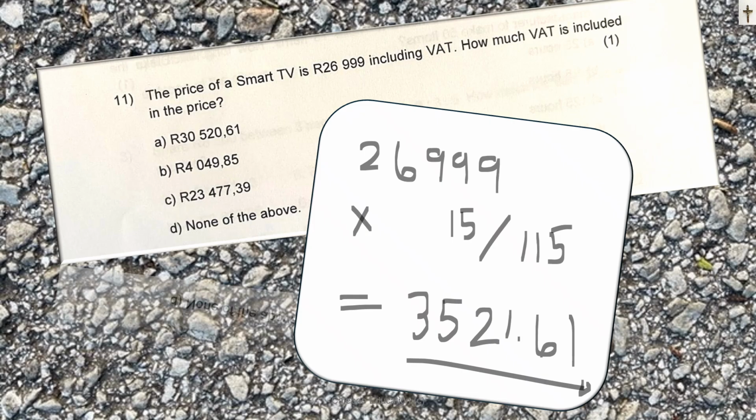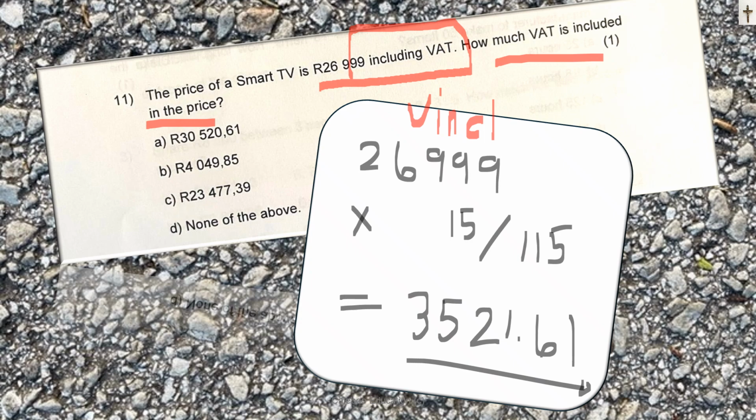The next one. The price of a smart TV is $26,999, including VAT. How much VAT is included in the price? Right, this is an easy one. This is the VAT inclusive amount. VAT inclusive.